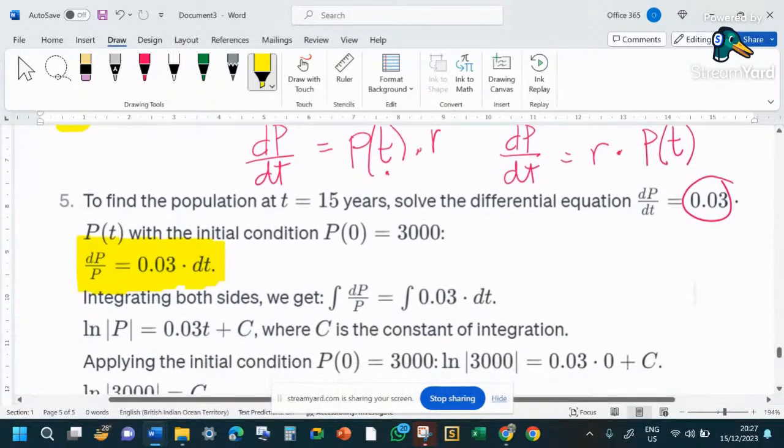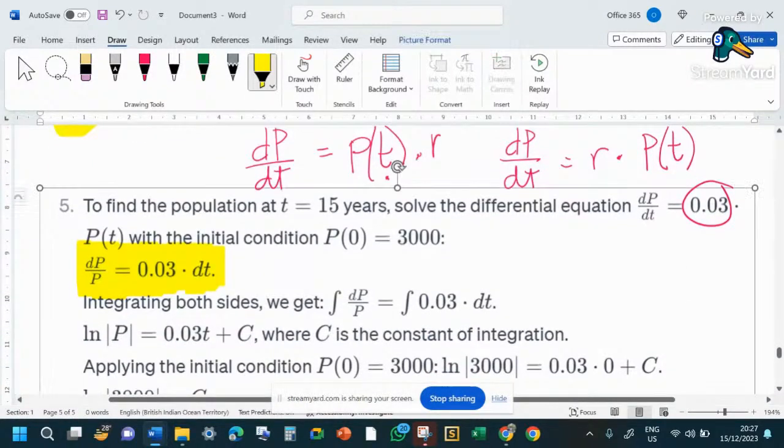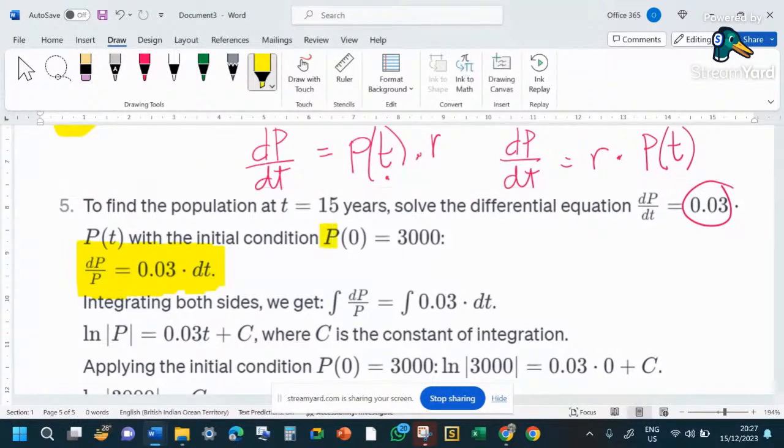Okay. Now, to find the population at t is equal to 15, we have to get an initial value of P, which is P at 0, and that is 3,000. Because this is in terms of dt, we have to do an integration.